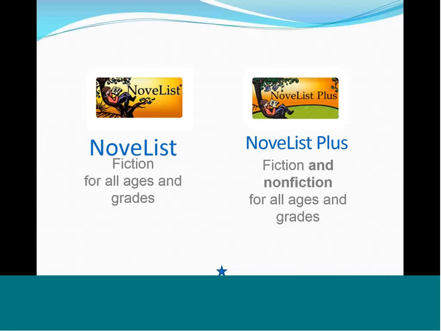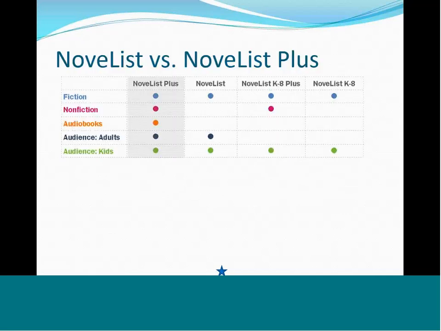Now, a few details. NoveList is fiction for all ages and grades, and NoveList Plus is nonfiction and fiction for all ages and grades. And you can see on this chart, when we focus on NoveList Plus, we are focusing on all ages, including, and this may be new to you, audiobook recommendations with audiobook specific limiters on the advanced search page.